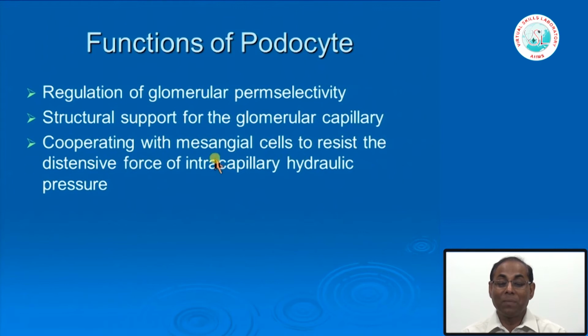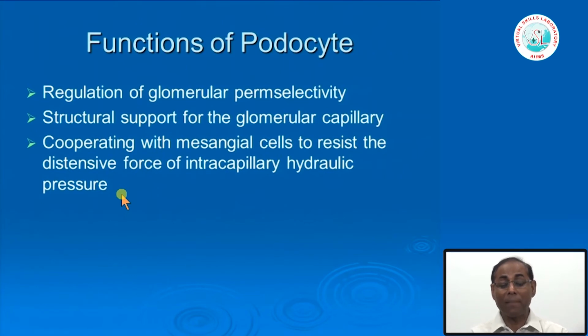Then cooperation with the mesangial cells to resist the distensive force of the intracapillary hydrostatic pressure. I told you that they have to maintain and keep them intact. Say for example, a person has a very high blood pressure. So obviously the afferent arteriole and efferent arteriole will try to control the entry of this blood at such a high pressure into the glomerulus, and that's why they can maintain the filtration pressure within normal limits.